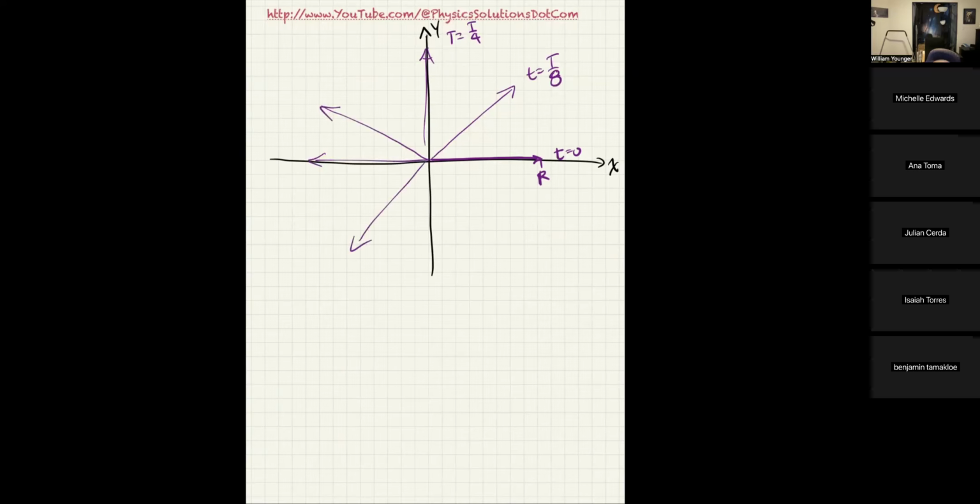All of these are going to have exactly the same length as each other, but you'll end up having 8 arrows. All of those arrows are pointing to the position of an object that's traveling in a circle in a counterclockwise direction over time. Then you can plot the velocity, which you're going to find turns out to be perpendicular to that, and perpendicular to that, and perpendicular to that, and perpendicular to that, like this.